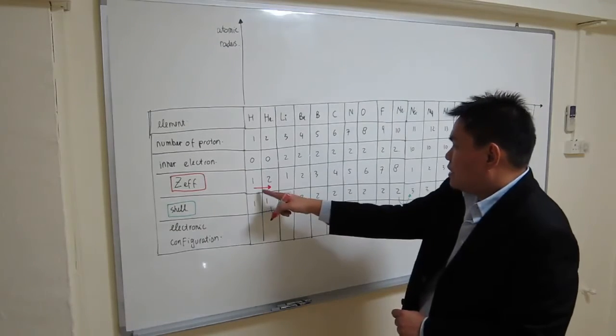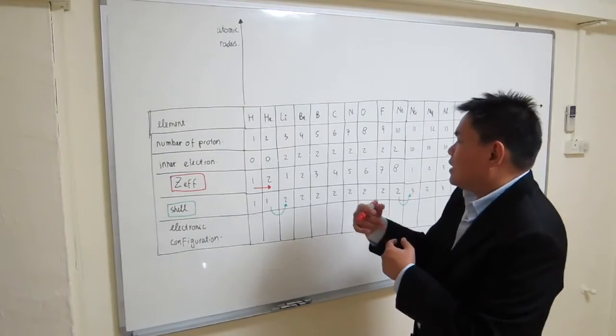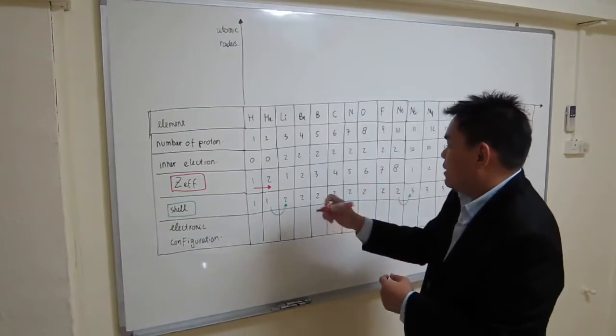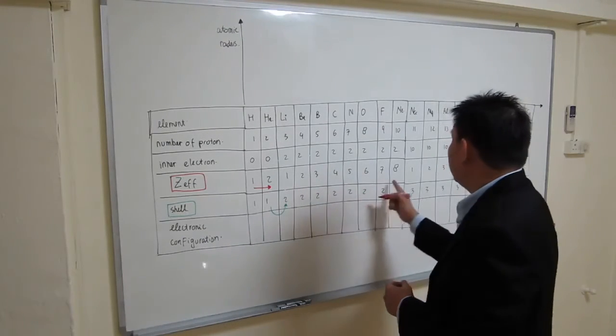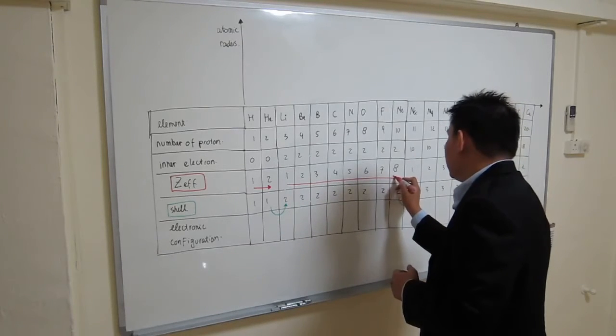So this red arrow represents a slight, gradual decrease of atomic radius. From lithium to neon also, you're going to see a gradual decrease of atomic radius.